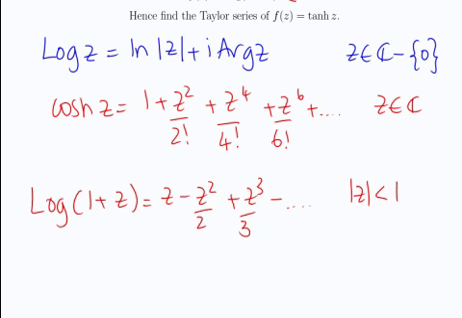But as you can see, what I need in this case is the log of cosh of z. So what I'm going to do here is let w equal 1 plus z, so that z is w minus 1.